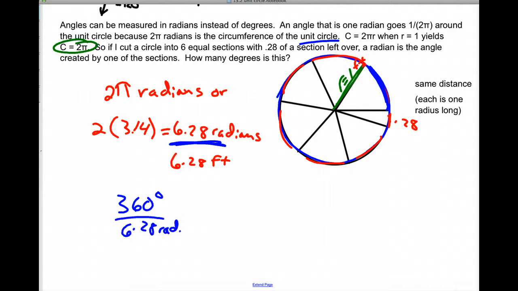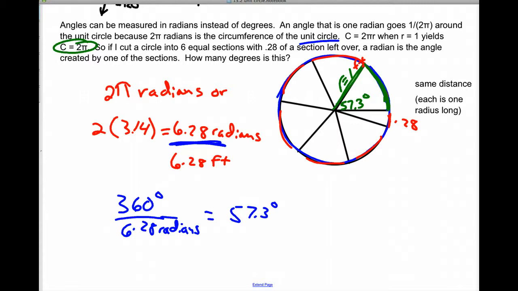Simply find yourself a simple little ratio here. Divide it out, 360 divided by 6.28, and you've got your degrees in a radian, which is about 57.3. So if you're on the outside of a circle and you walk 1 radius distance, you have gone 57.3 degrees around the circle.